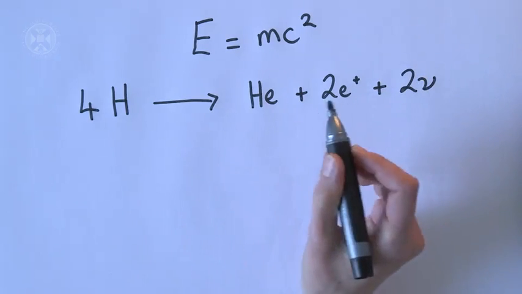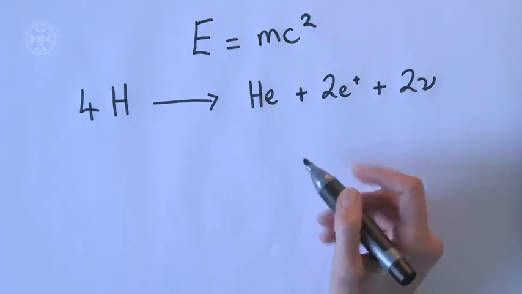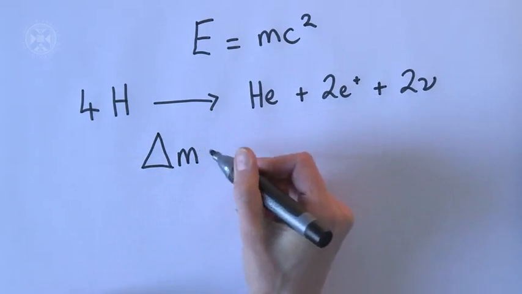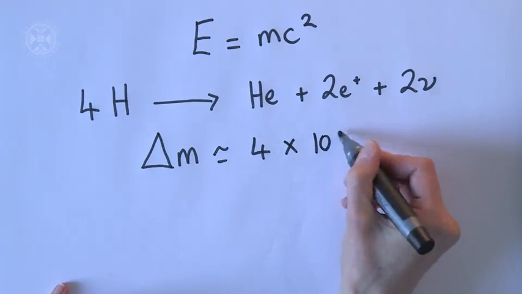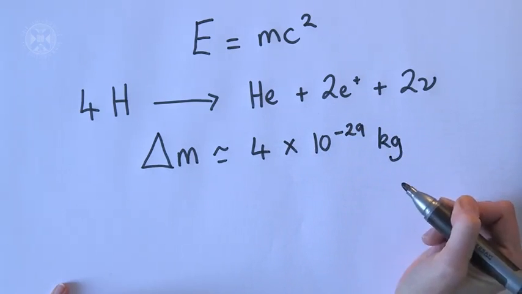Now you can look at the difference in the mass at the start and the end of the fusion reaction, and the difference in mass is about 4 times 10 to the minus 29 kilograms.